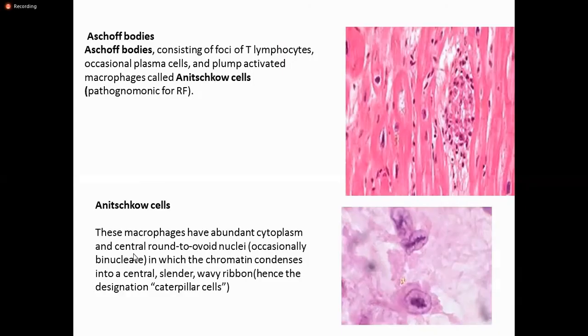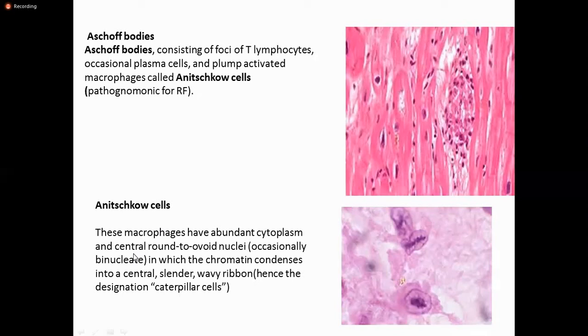An Aschoff body basically consists of foci of T lymphocytes. These are the Aschoff nodules, and these are the Aschoff bodies. These nodules contain occasional plasma cells, and plump activated macrophages called Anitschkow cells, which are pathognomonic for rheumatic fever.